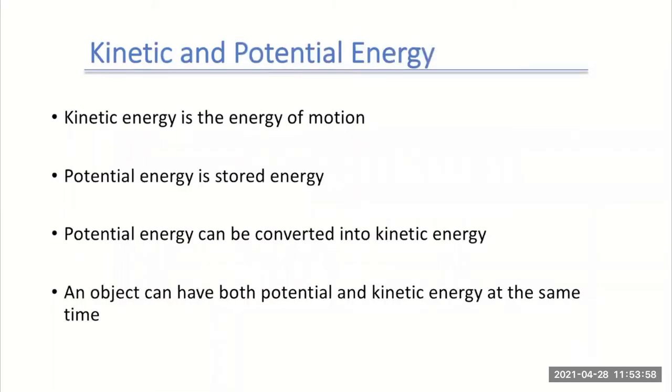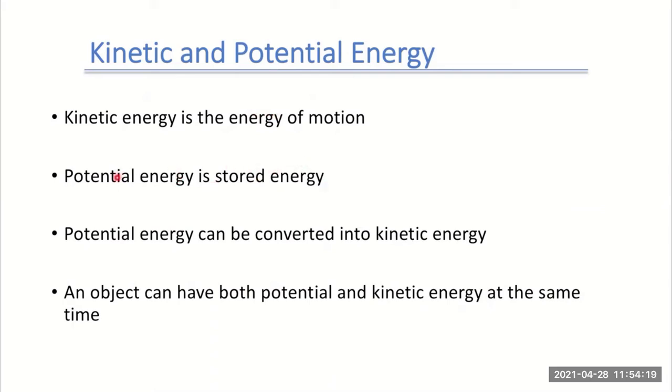When we look at kinetic and potential energy, kinetic energy is the energy of motion. This is the energy of movement. In chemistry, our kinetic energy is the energy of our atoms moving, or the energy of our molecules moving. Potential energy is stored energy.